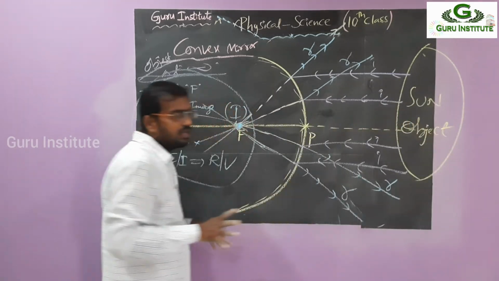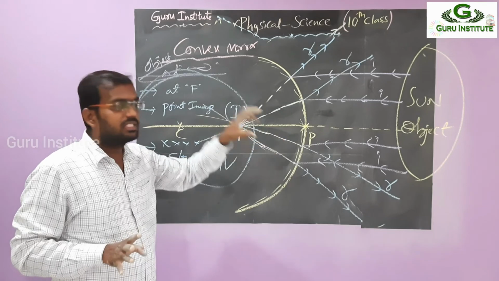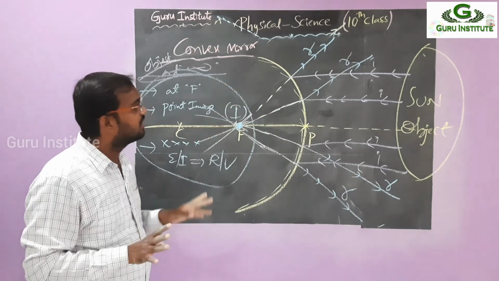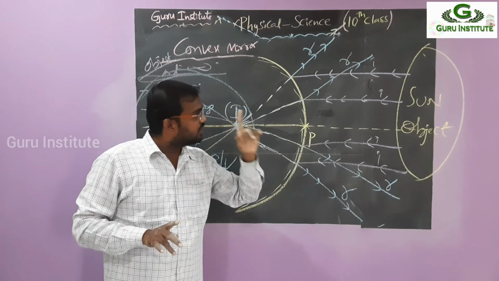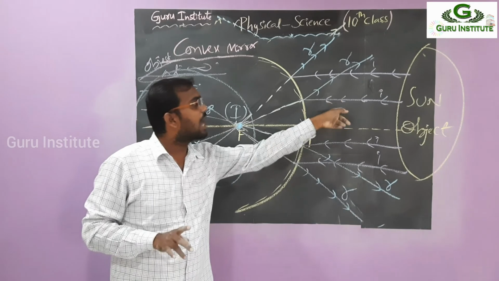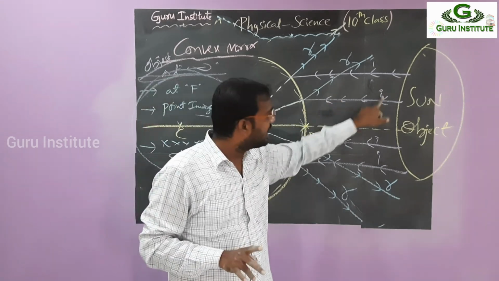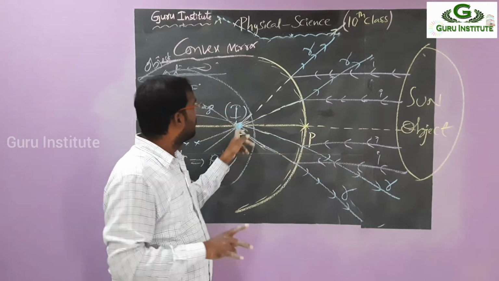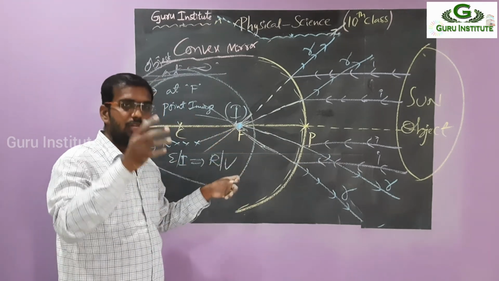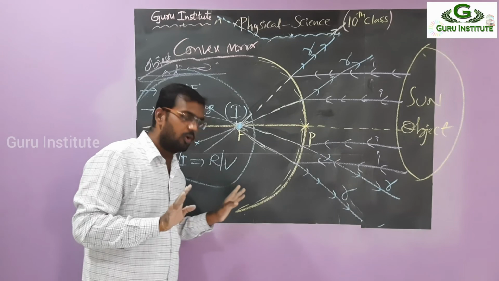No need to learn by heart. After drawing your picture, by seeing the picture you can note down the nature. And it is very important to always write the indication marks. Arrow marks are very important, and I and R are important. Below the object you can write O, and below or above the image you can write I. These are the topics.